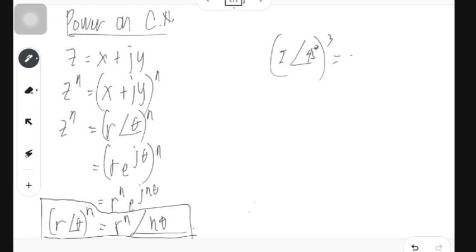So this is simply 2 cubed, then the angle multiplied by 3, 3 by 45. And 2 cubed is 8, then the result is 45 by 3, 135 degrees.